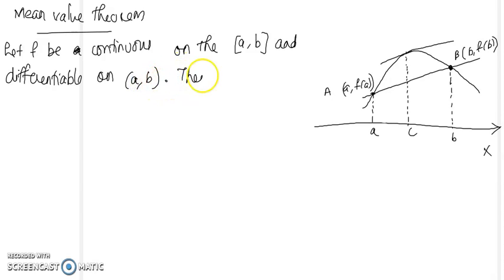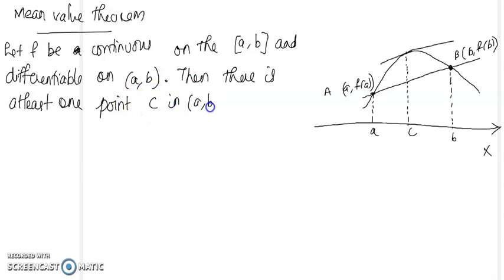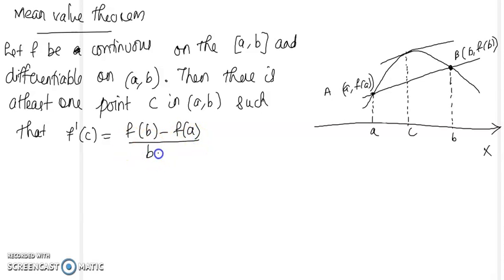Then there is at least one point c in the open interval ab such that f dash of c is equal to f of b minus f of a by b minus a.